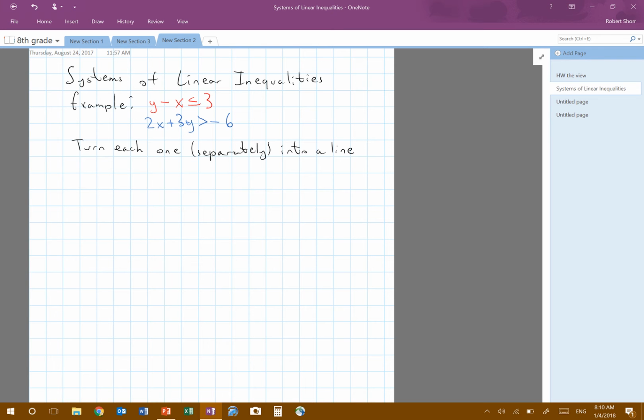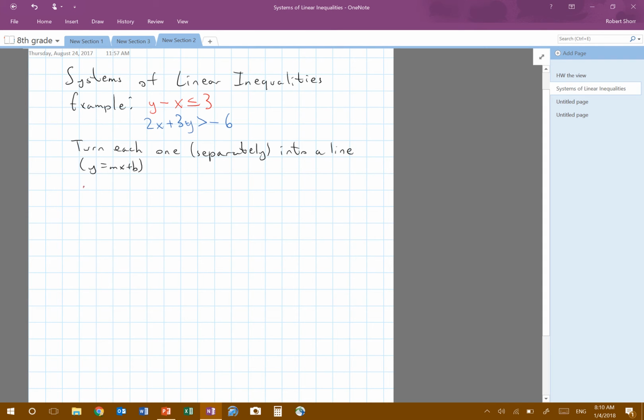What we're going to do in the end is graph these on the same coordinate plane. So let's do the red over here. It's a very quick one. We want to move the x to the other side to get y by itself. And we have y is less than or equal to x plus 3. That is that line.